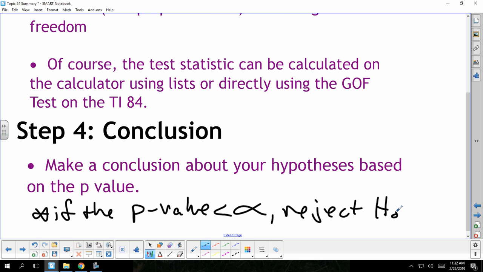The same way we've been doing tests all along. The nice thing about the chi-squared test, there's no associated confidence intervals for this entire section. You don't need to decide whether or not it's a confidence interval or a hypothesis test. Chi-squared, it's always going to be a hypothesis test.